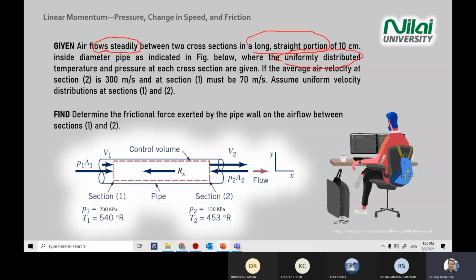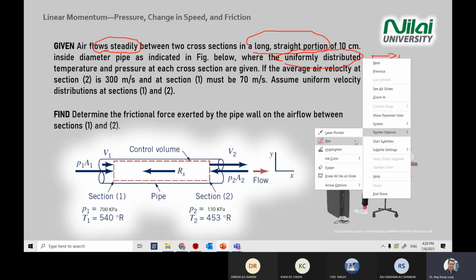So what do we mean by uniform? It means that when you studied earlier, you saw this diagram, you have arrows with the same length, and you're seeing this kind. So this one means uniform flow or uniform pressure or uniform temperature.